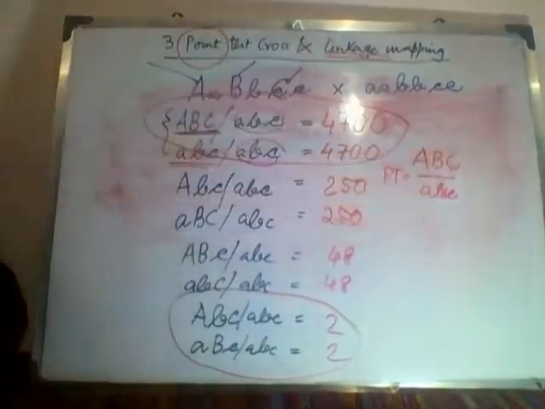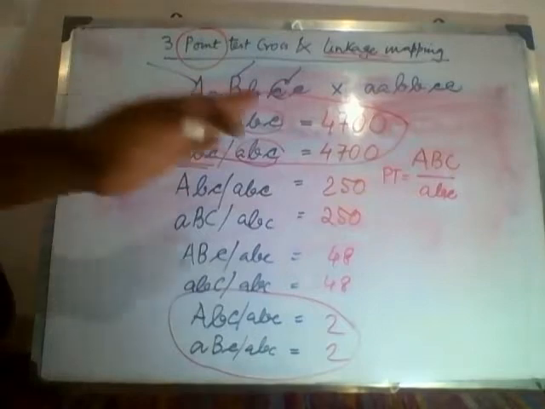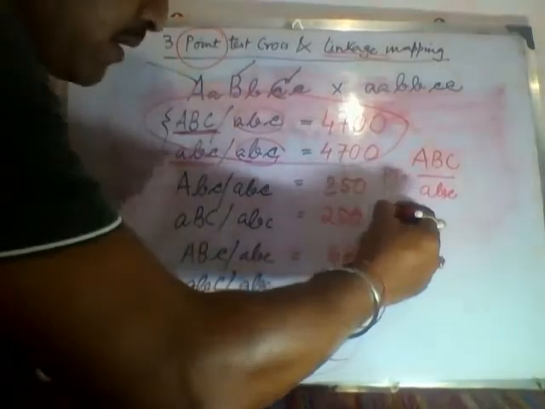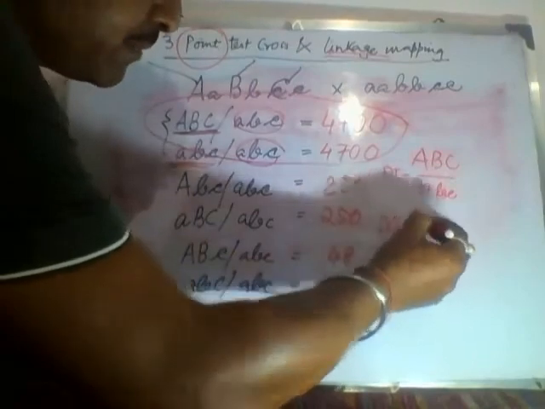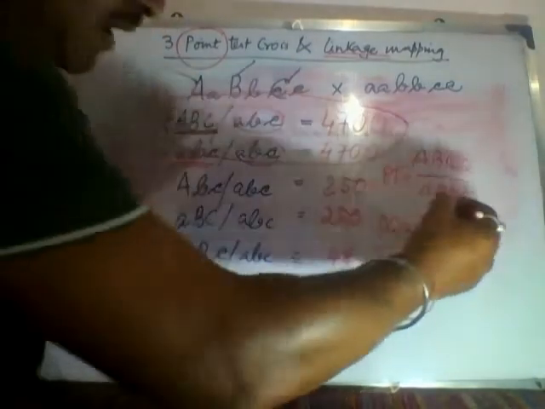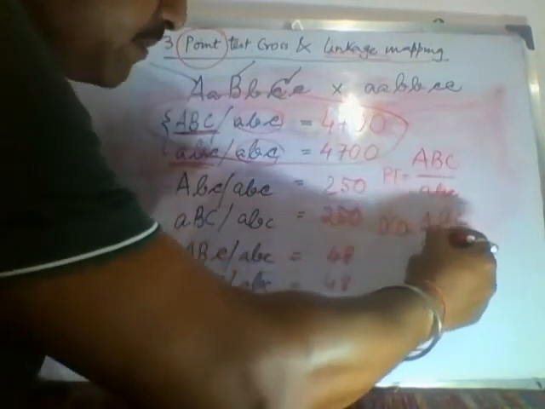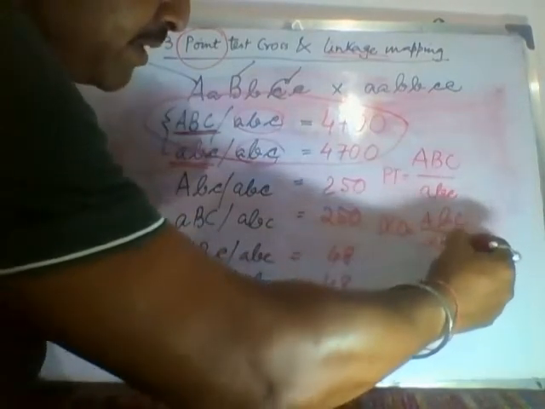So this is the parental type. We symbolize it in this way. The second step is, in a similar manner, write down the DCO type. So what it will be: capital A, small b, capital C, divided by small a, capital B, small c.